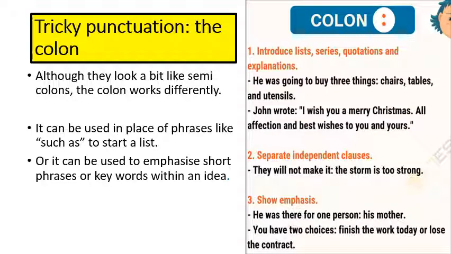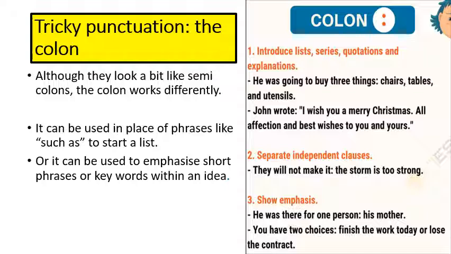So the colon, it looks a lot like a semicolon, this one, but they actually do completely different things. So the first way, and the most popular way to use a colon, is at the start of a list. You've got a couple of examples at the top of the right hand side of the screen there. He was going to buy 3 things, and then a list of things he was going to buy: chairs, tables and utensils.